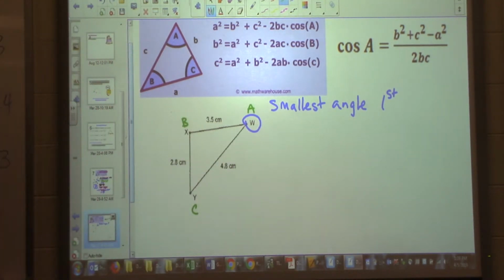Now, you don't have to do that. You can use W, X, and Y all you want. That's perfectly fine, but I'm just more comfortable in my head using A, B, and C, so I'm just going to rename them. All you're doing is changing a variable.